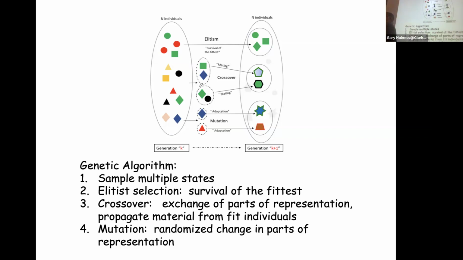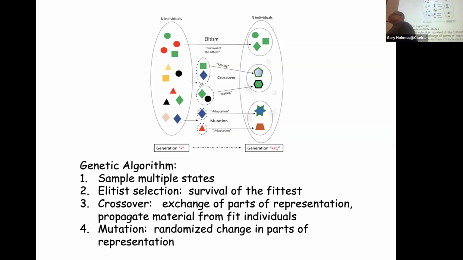Now, crossover is like genetics, mating. You have certain parts of the state space, this genetic material, that gets combined to create new states, right? So you're going to spawn new states by taking parts of the best states from this round of so-called elitist selection.